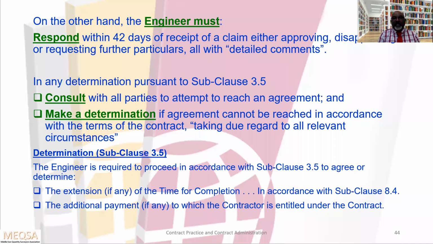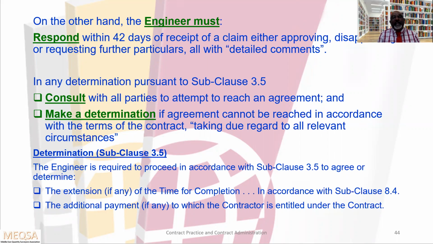So the engineer must respond within 42 days of receipt of the claim, either approving, disapproving, or requesting further particulars, further information. Or he has to give detailed comments. He cannot just reject or he cannot just approve. If it is approved, means he will put the reference number on all the basis. If he wants more further details, he has to comment on each and every item.